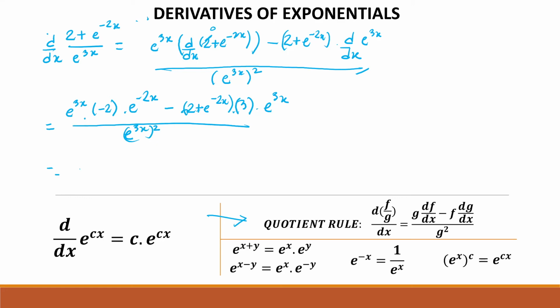So simplifying this, we get minus 2 e to the power.